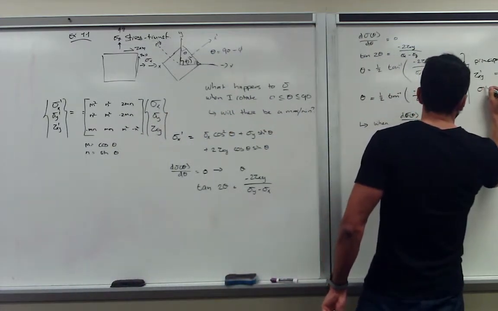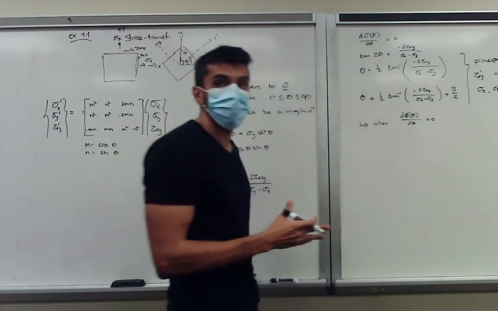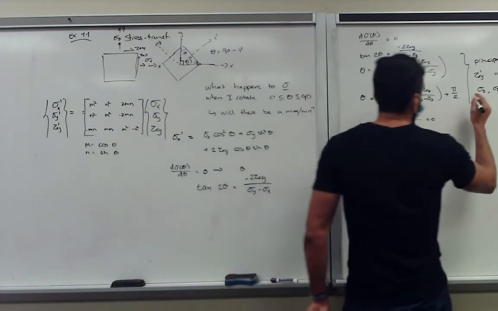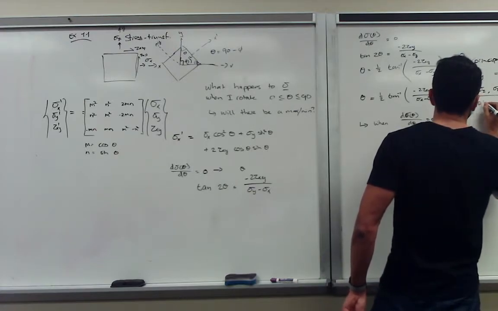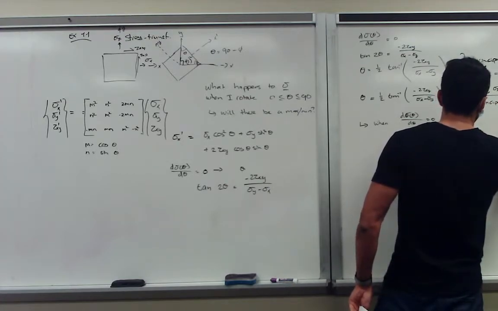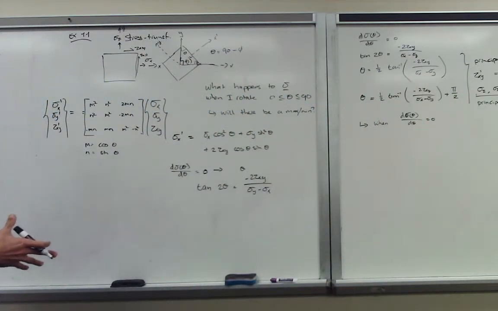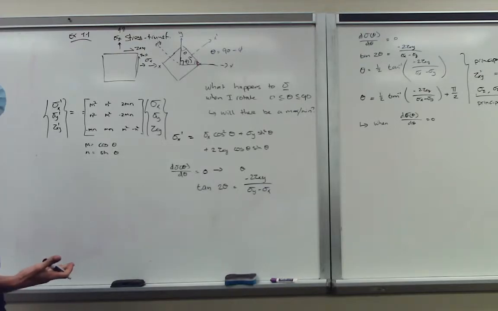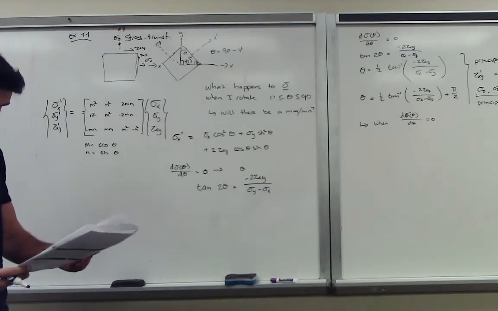Those are our sigma 1 and sigma 2, which represent the transformed sigma x and sigma y, which, like I said before, are our principal stresses. They act on our principal axes. That might be very useful, because we can determine a rotation angle to orient our product in such a way that we don't have to deal with any shear stresses.